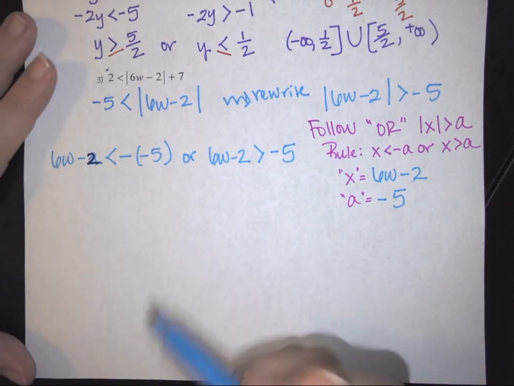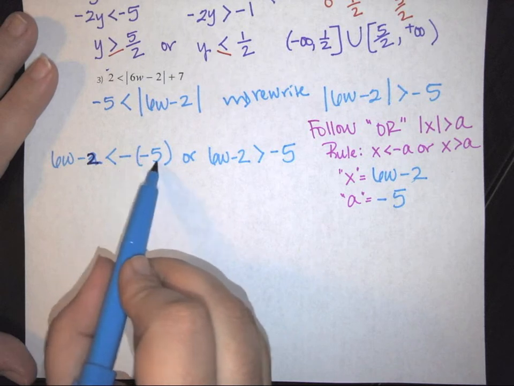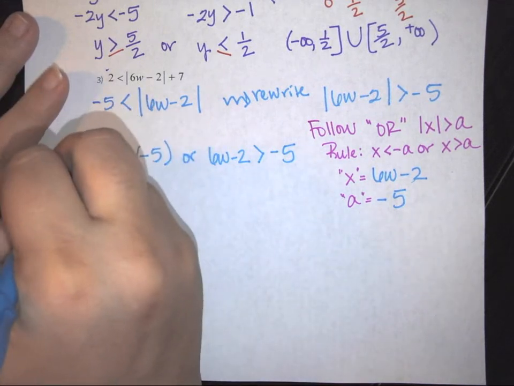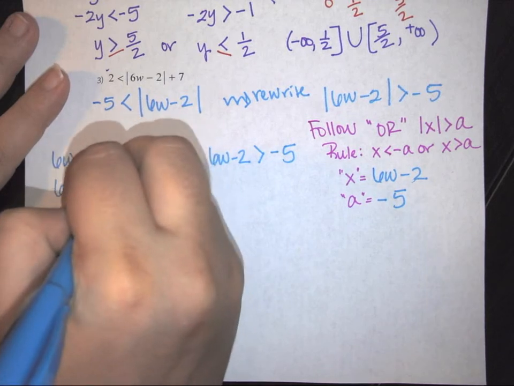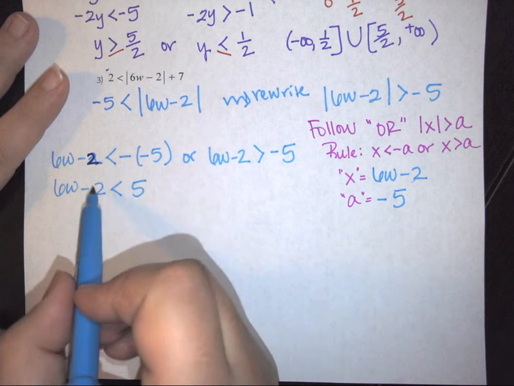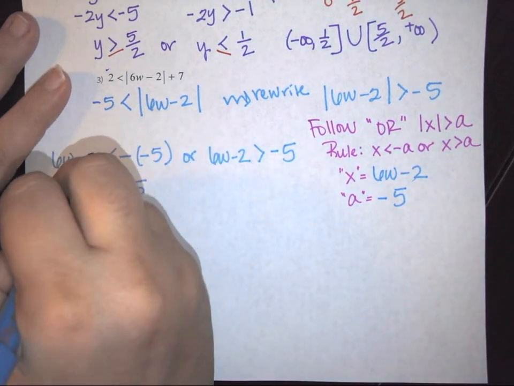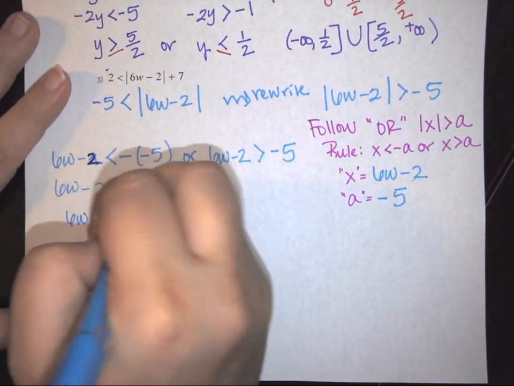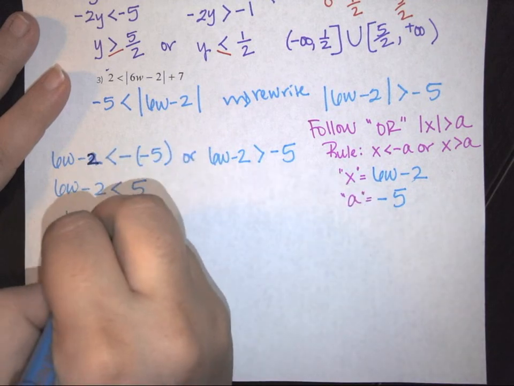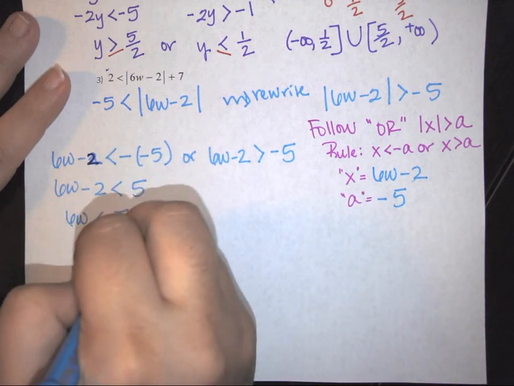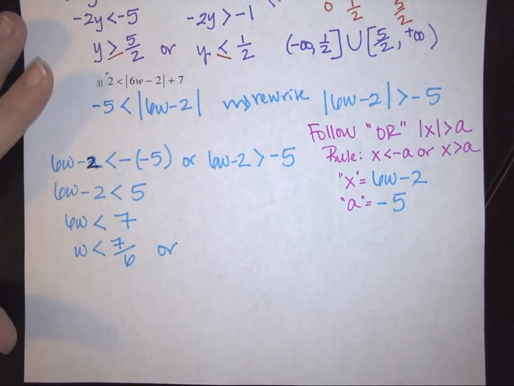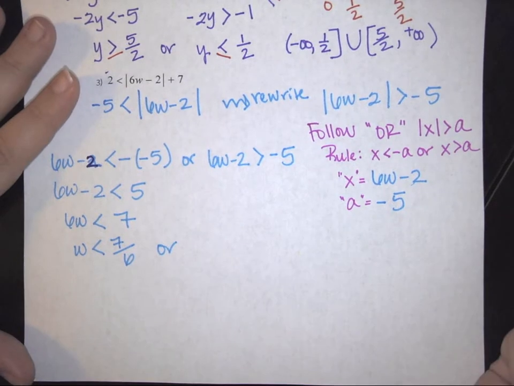So with this, the first thing I want to do is over here on this left-hand side, I want to take care of this negative thing. So I have 6w minus 2 is less than 5. I need to solve for w. Add 2 to both sides, and I have 6w is less than 7. Divide everything by 6, and w is less than 7 over 6. I'm going to put in my handy dandy OR, and then I'm going to work the other side.